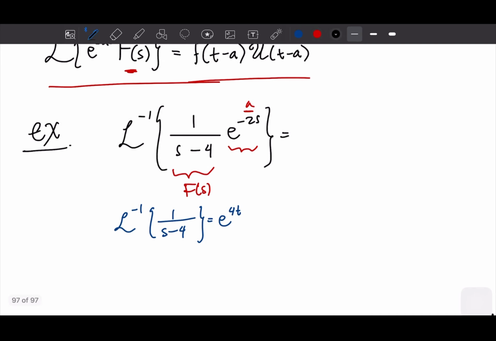So we have e to the power of 4t multiplied with the Heaviside function, and then this will be t. The a is 2, so minus 2. Oh, the t also changed here. I forgot to change this t.